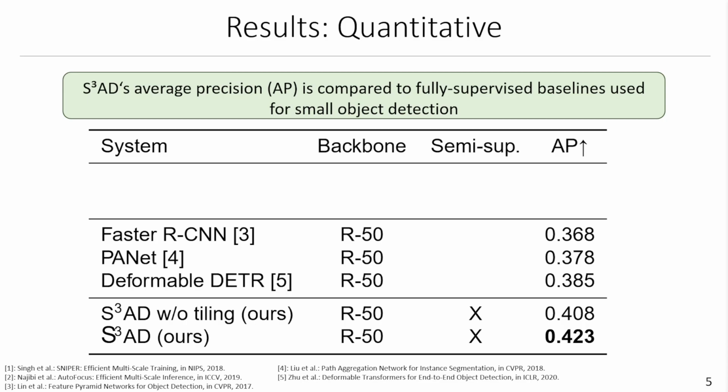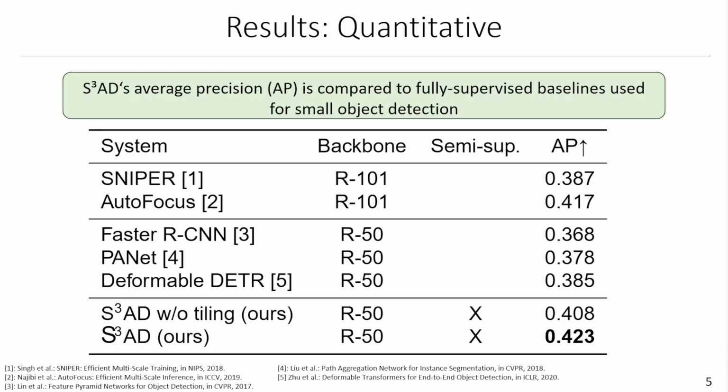When comparing S3AD to the more recent Path Aggregation Network and Deformable DETR, who both report good results for small objects in their original publications, S3AD still manages to outperform the Path Aggregation Network by 4.5% and Deformable DETR by 3.8%.